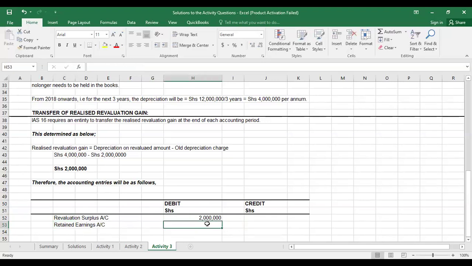Retained earnings is normally in the balance sheet, in the statement of position, under equity. 2 million. So, which gives us a total of 2 million.